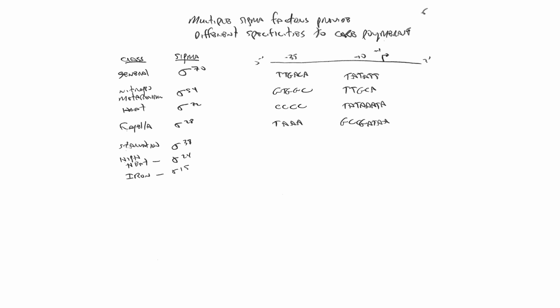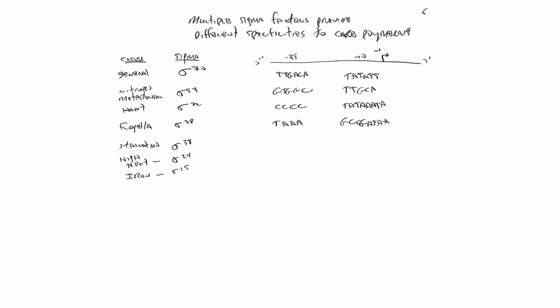And those are controlled by the sigma 54 binding to the core polymerase. The core polymerase stays the same. When the sigma 54 binds, it still binds to a promoter, but if you look at the promoter sequence, it's different. At -10, there's TTGCA, and at -35, there's another sequence.